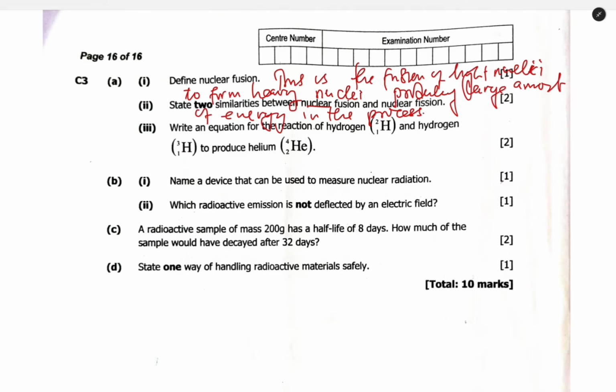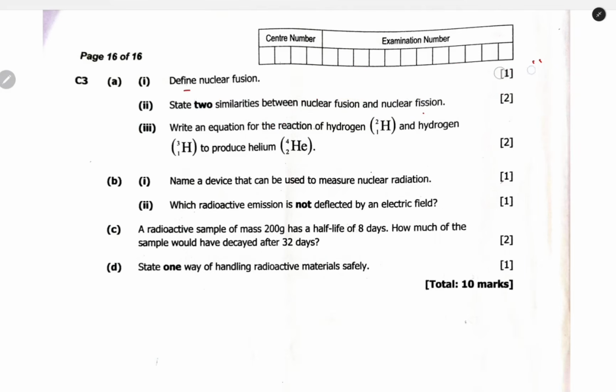Then of course the second question here is: state 2 similarities between nuclear fusion and nuclear fission. What are the 2 similarities? So 1, both processes produce or release a huge amount of energy.